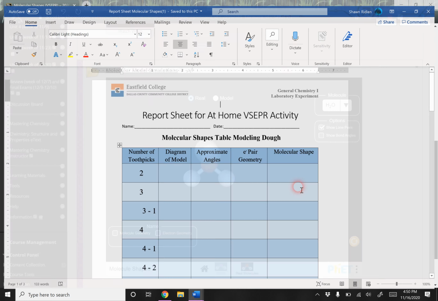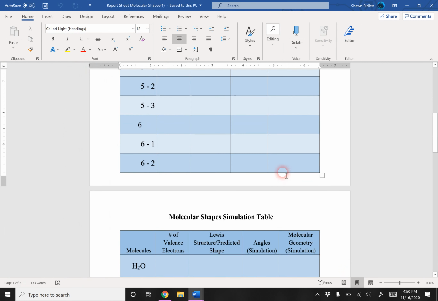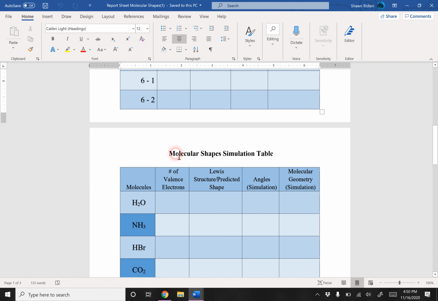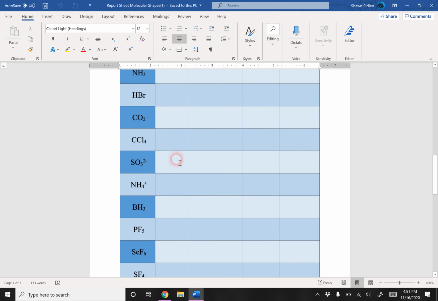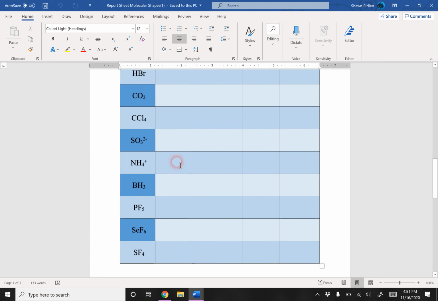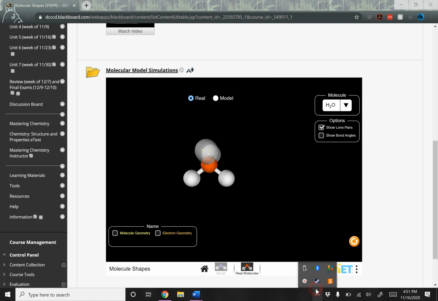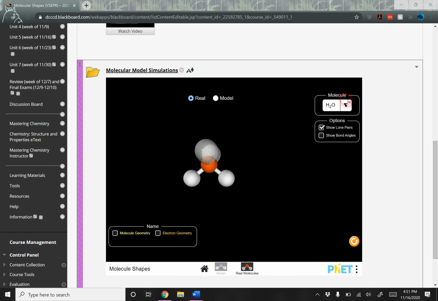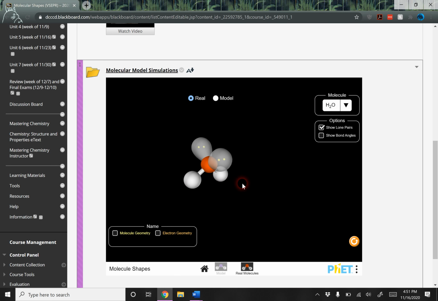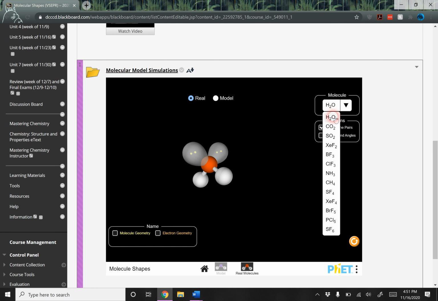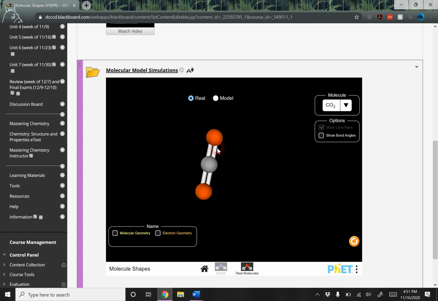In your report sheet, there's going to be some that it asks you to make here. It says molecular shape simulation table. So these are the ones that it wants you to do with the simulator. And you'll see that up in the right-hand corner here, you have the option to select a bunch of different molecules and take a look at their shapes.